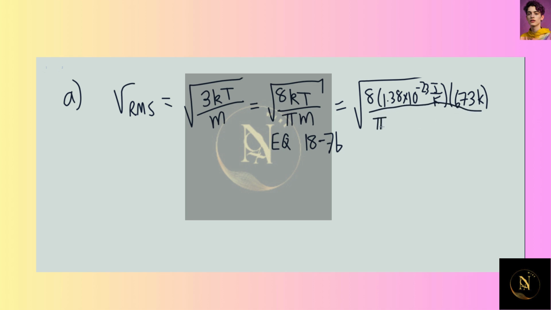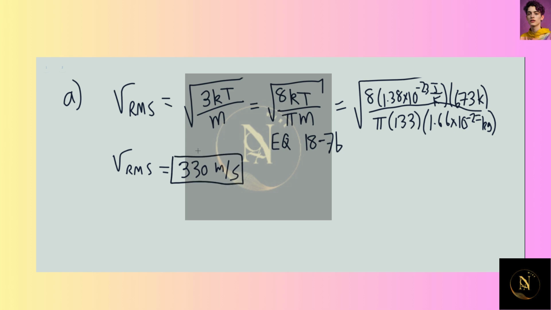So we have pi times 133 times 1.66 times 10 to the negative 27 kilograms. And crunching the numbers, the root mean square velocity will come out to be about 330 meters per second. It's actually 327.3, but it's good to approximate it to something nice.